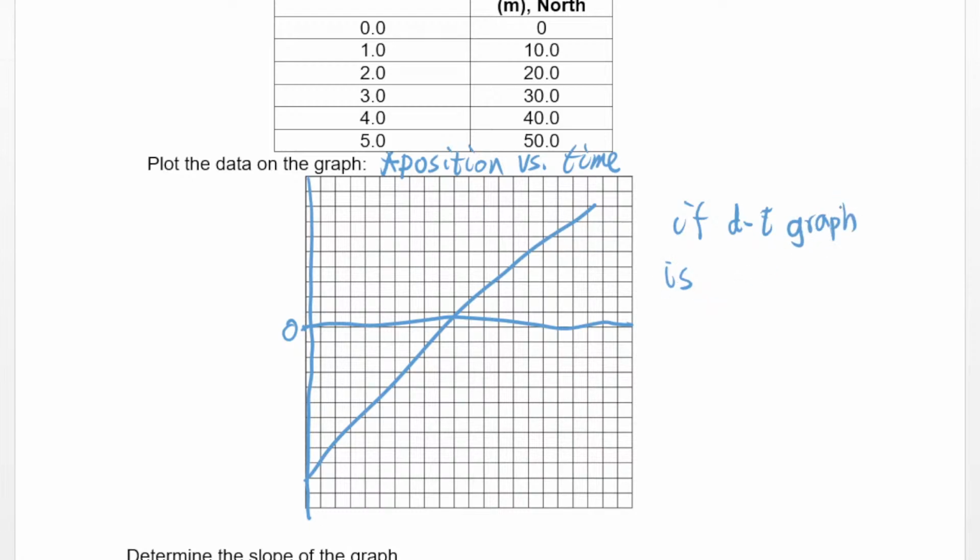Because the data is going to have errors, it's not going to be perfect. So you may not have a perfect fit for your line, but if you're approximately linear, then it's probably linear and the motion is uniform.